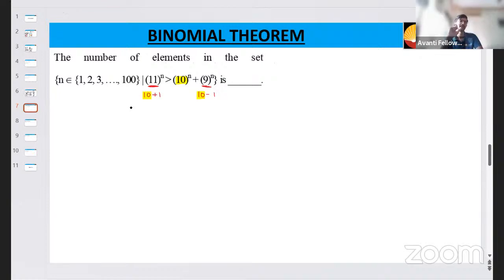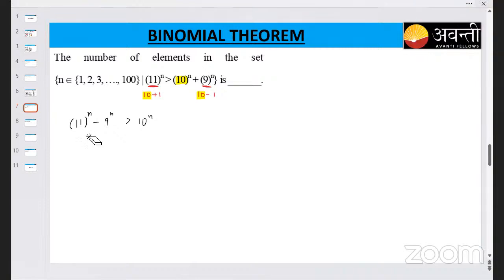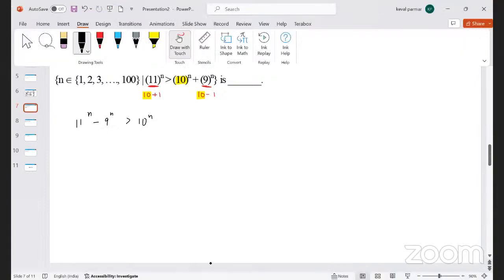So we can expand like this. The condition is given, and we have to find the value of n. Okay, so I think here also we have to use trial and error. So I can write it as 11 raised to the power n minus 9 raised to the power n greater than 10 raised to the power n. Correct?